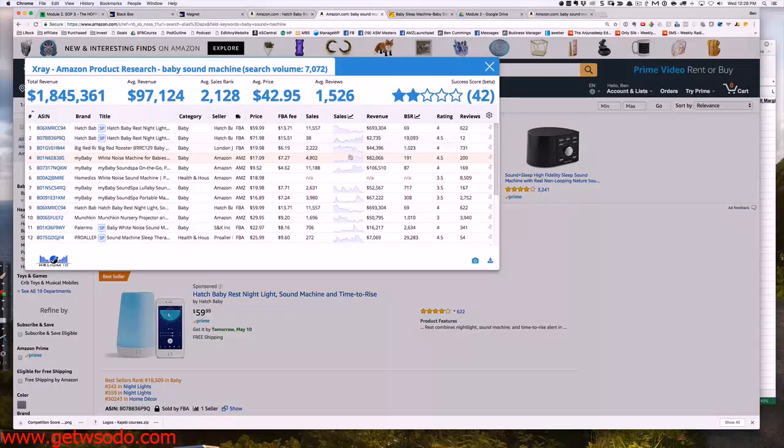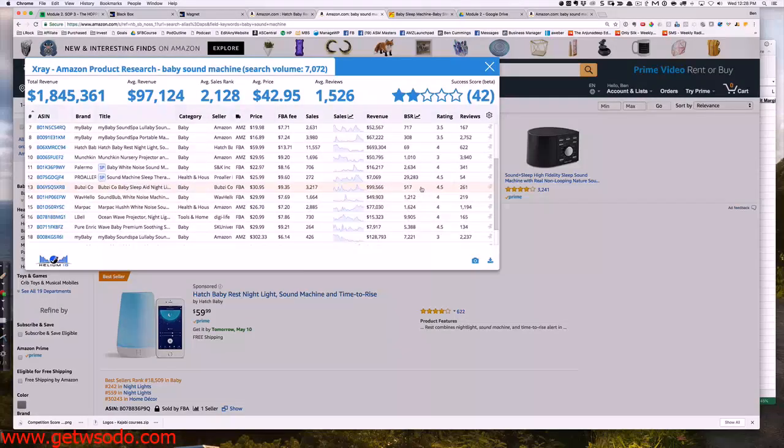So let's skip the sponsored ad. We have 1, 2, 3, 4, 5, 6, 7, 8, 9, 10. Okay. Look at these sales. Even at 9, 10, and 11, holy crap, they're making 100,000, 50,000, 77,000. So even deep into the page 1 search results for this keyword, look at, so quiz question.